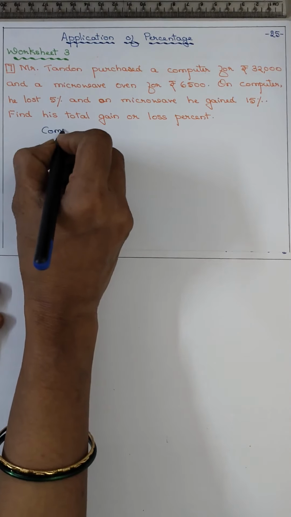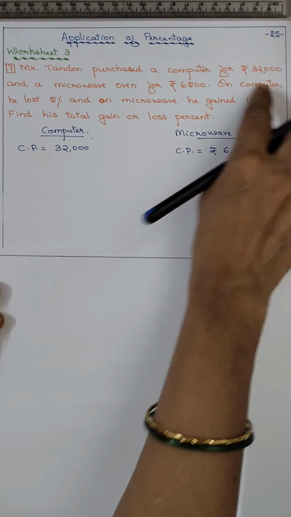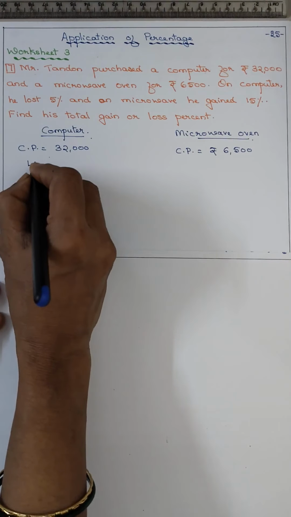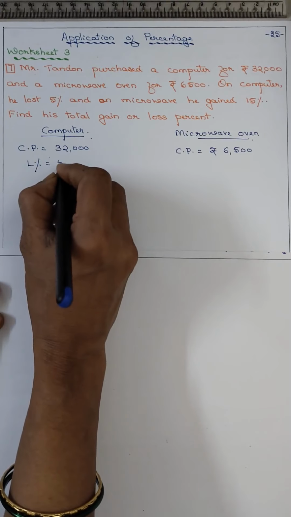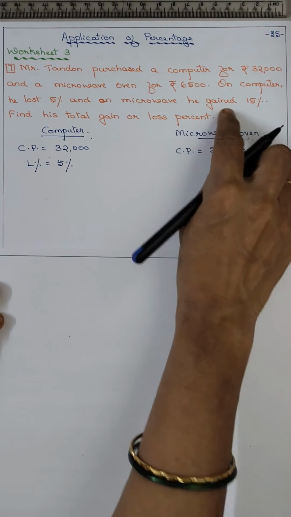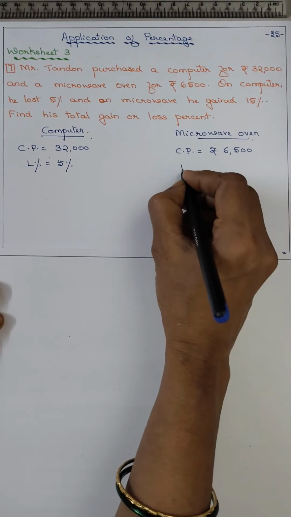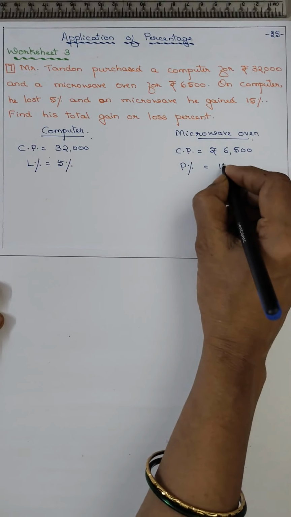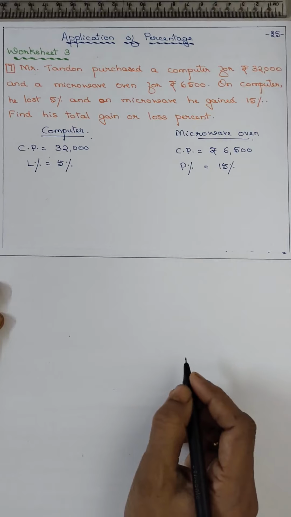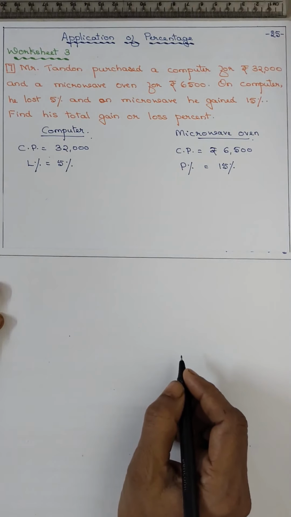Now he purchased a computer, means CP of the computer is 32,000 and microwave oven purchased CP is equal to 6,500. On computer he lost, means loss percent is 5%. On microwave he gained, means profit percent is 15%. Find his total gain or loss percent.